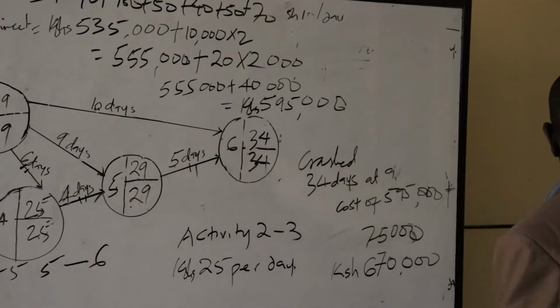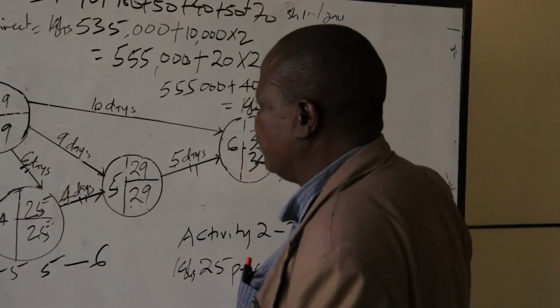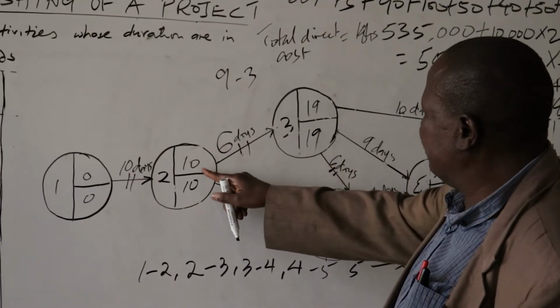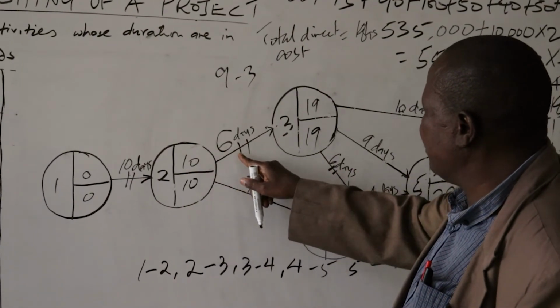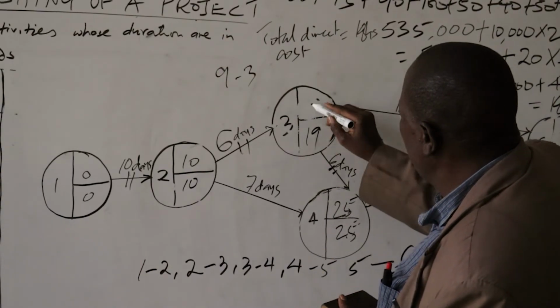That is the cost incurred after activity 2 to 3 is crashed by 3 days. So you draw another network: 10 plus 6 is now 16.